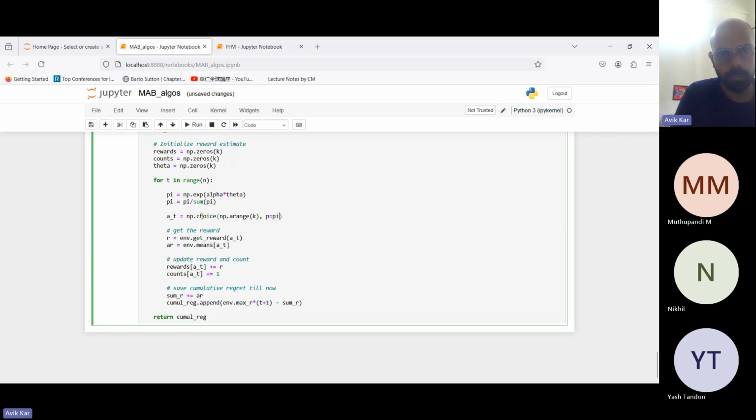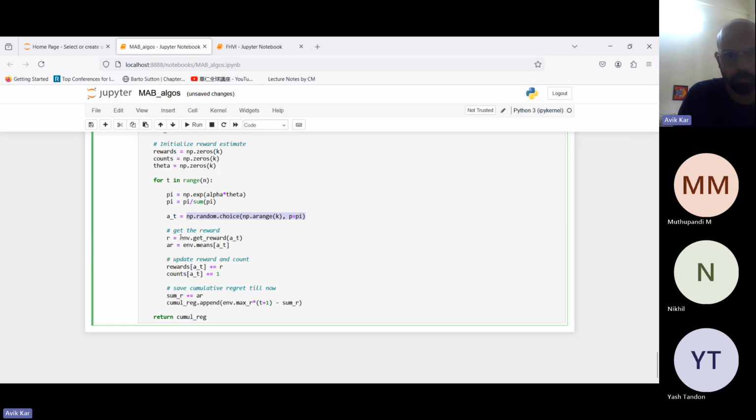This numpy random choice takes values from the first array, which is basically the 0 to k minus 1 array, and p is the probability. So we have a probability distribution on the action set, and this inbuilt NumPy function takes care of that step.